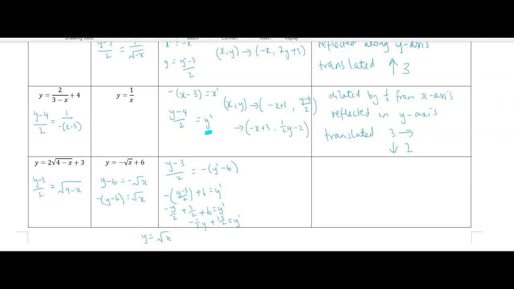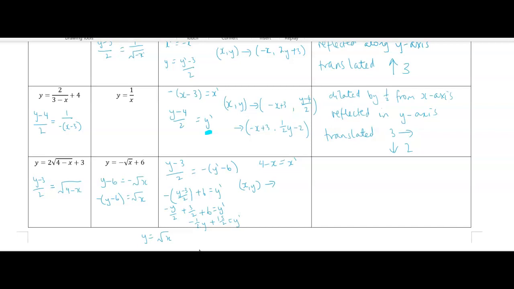So it looks quite confusing, and this is quite difficult. Let's do the same with x, which won't take up as much space. Okay, so 4 minus x is becoming x dash, and because now I have x dash on its own, good, I don't need to do anything. So my image of my points, you can leave them there because we're just looking at the transformations, but let's just write them.